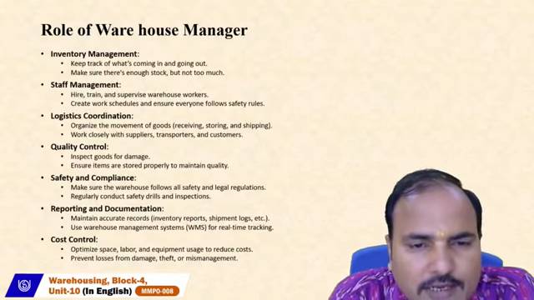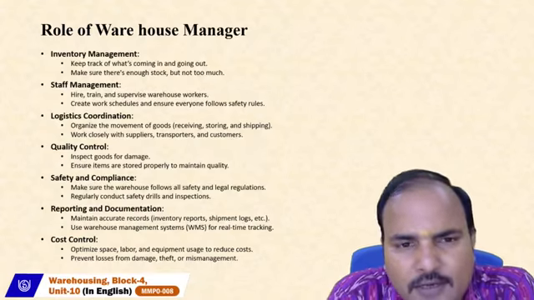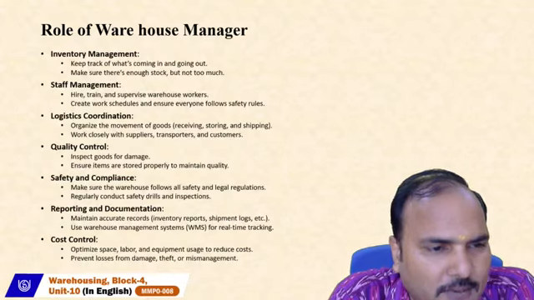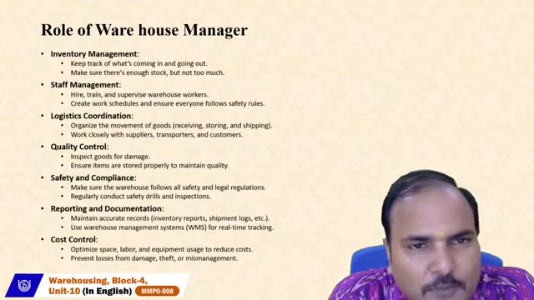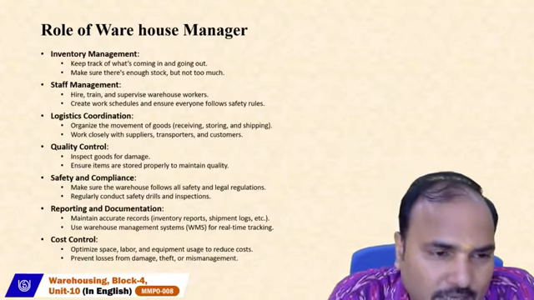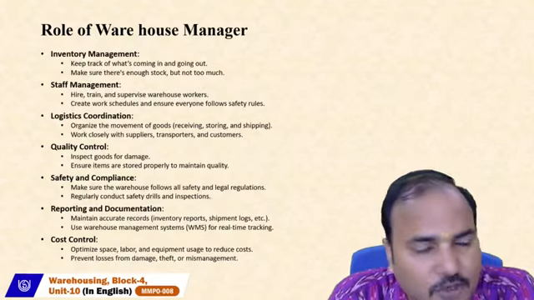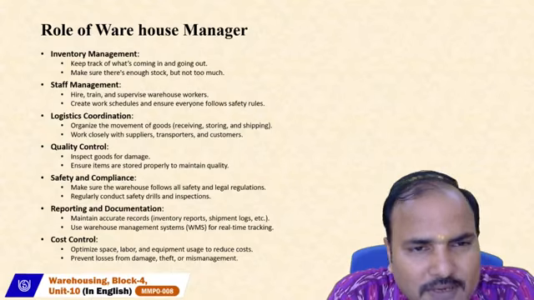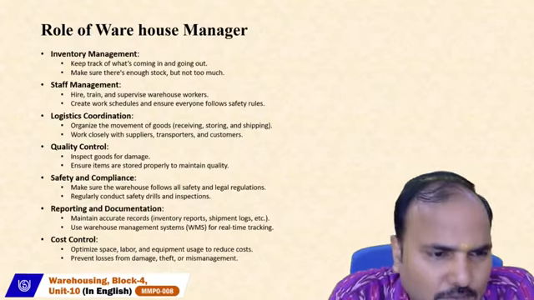You know, to survive in a competitive world and to exist in the market, we have to maintain some qualities. So the warehouse manager must be serious and cautious about quality control. What happens in this quality control point?